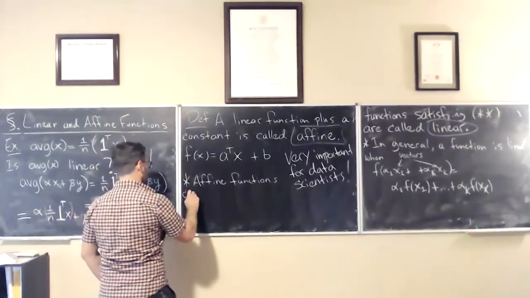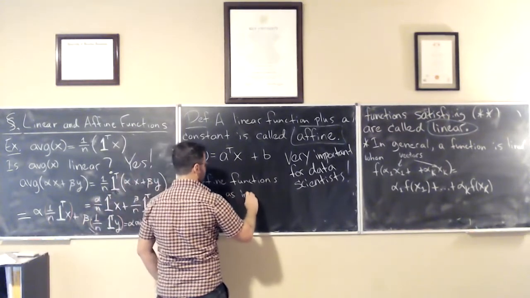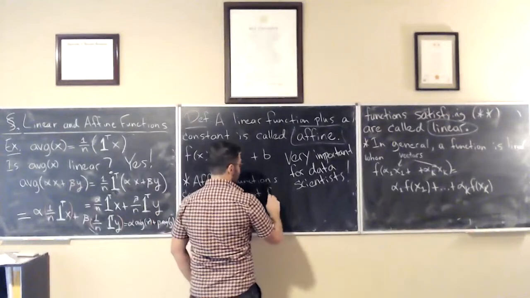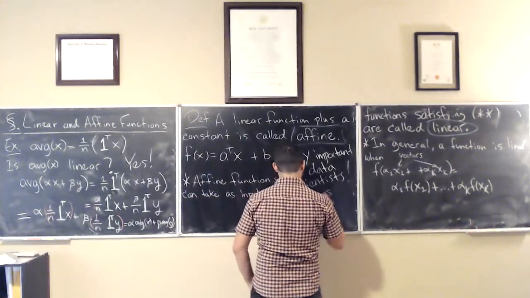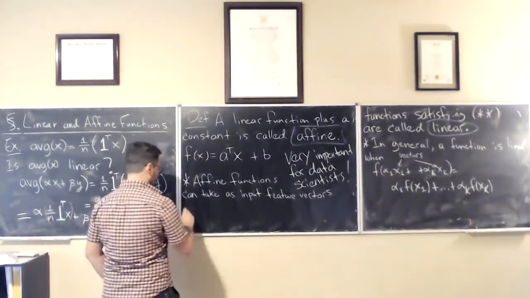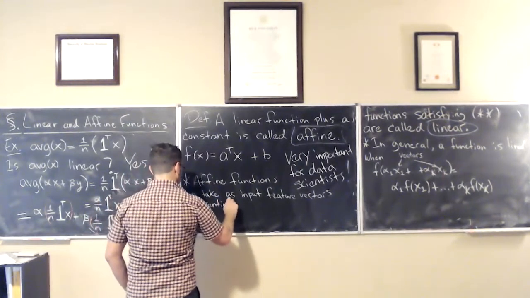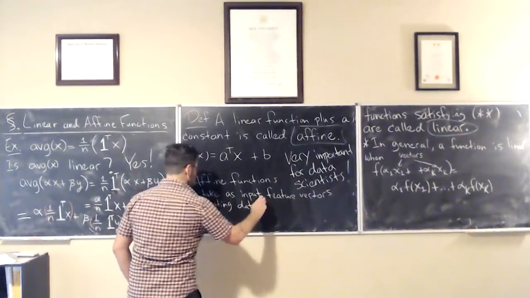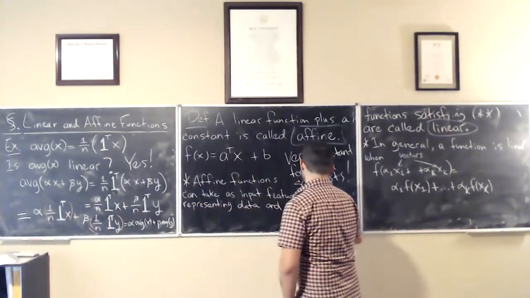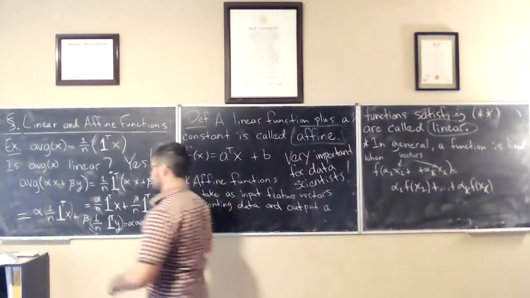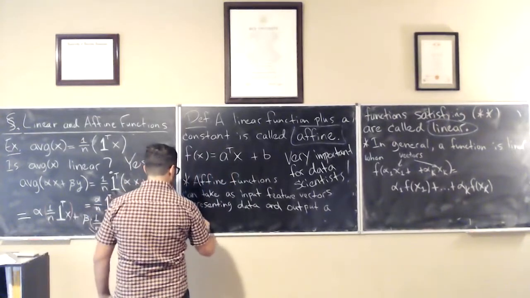Can take as inputs feature vectors representing data and output a weighted sum of those features. A weighted sum.